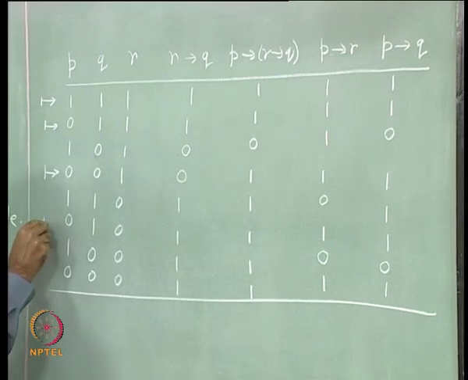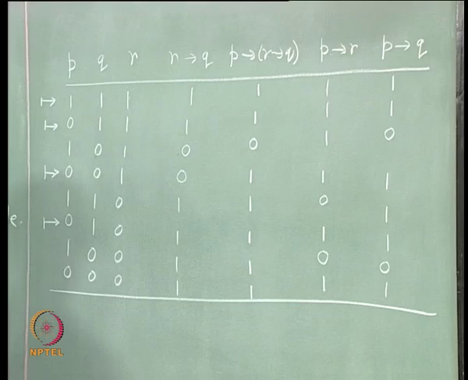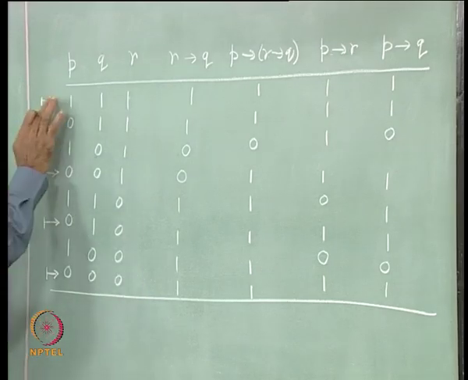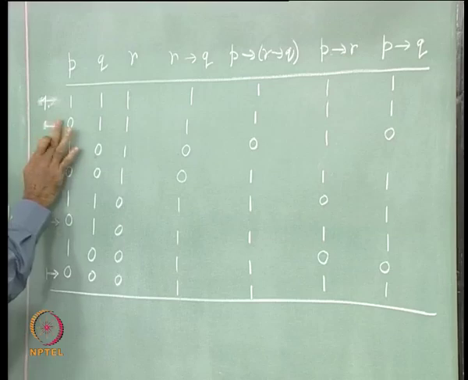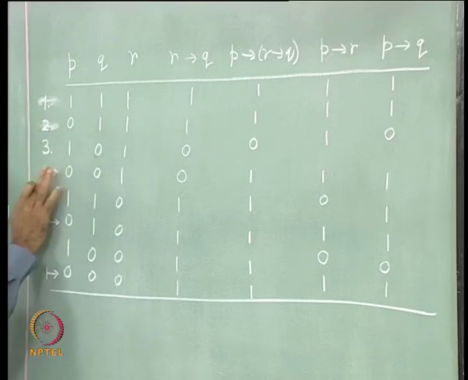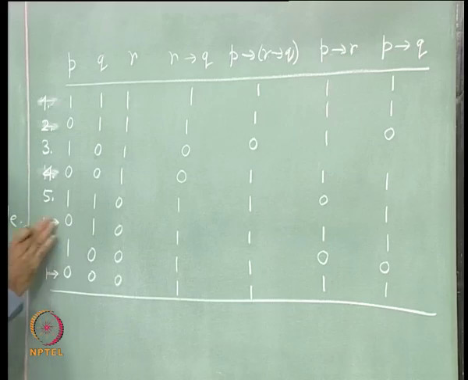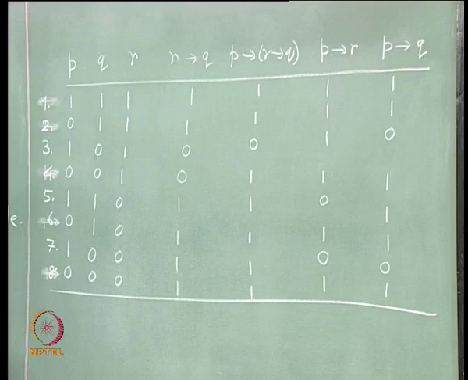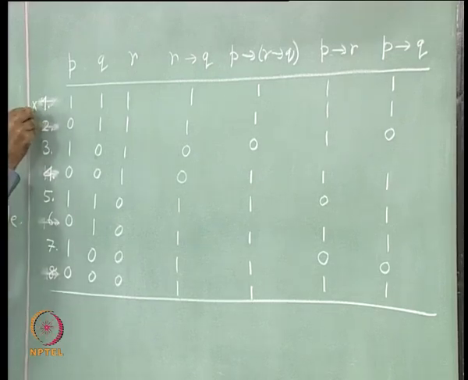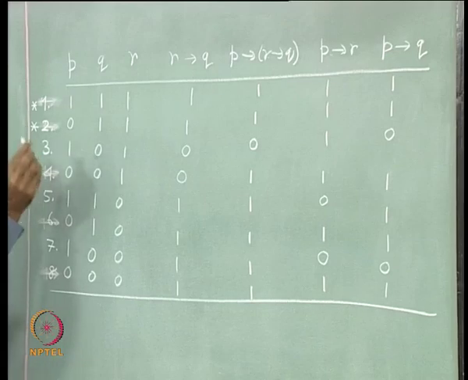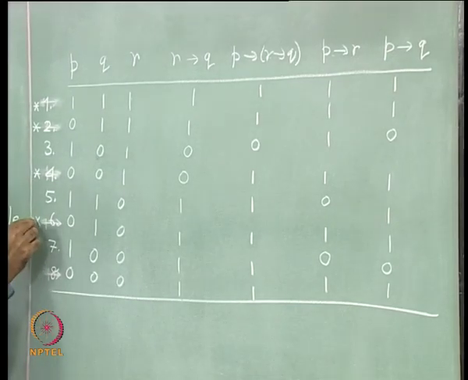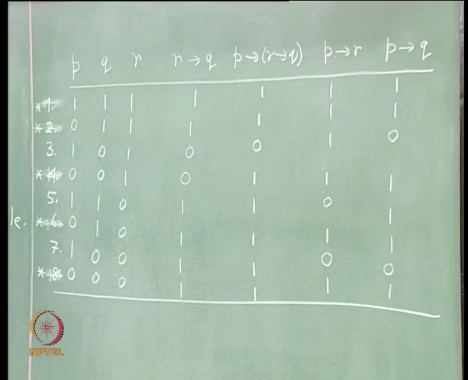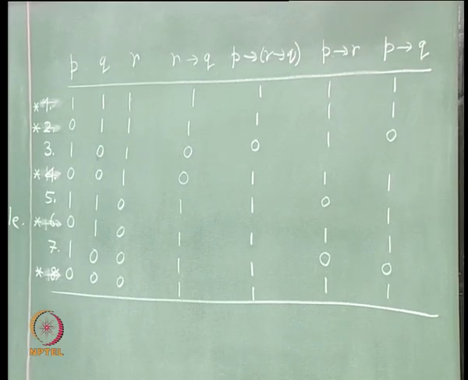Sixth one, right, then the eighth one. Is it okay? So, let us number them, 1, 2, 3, 4, 5, 6, 7, 8. Out of this we have 1, 2, 4, 6 and 8. These are the interpretations which satisfy sigma.